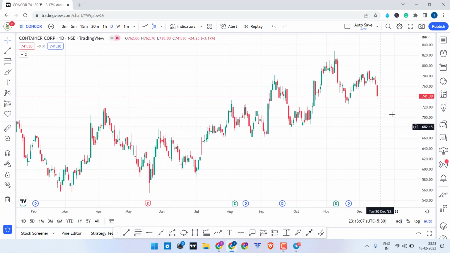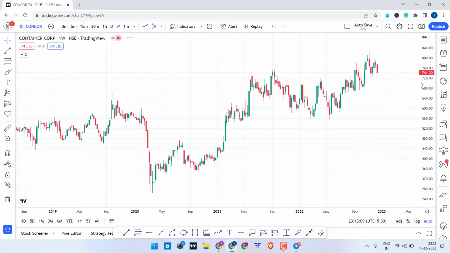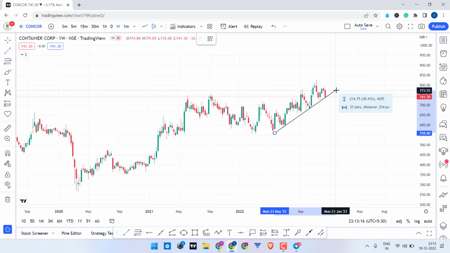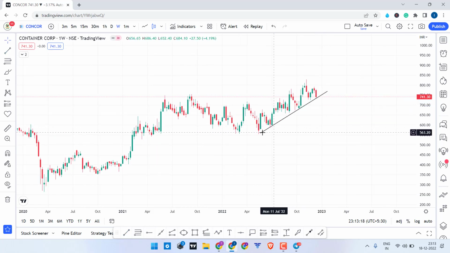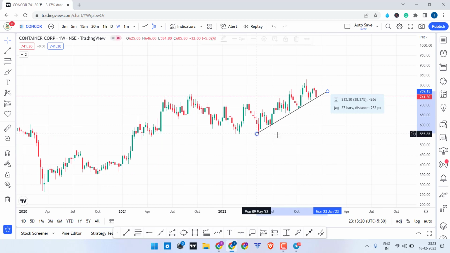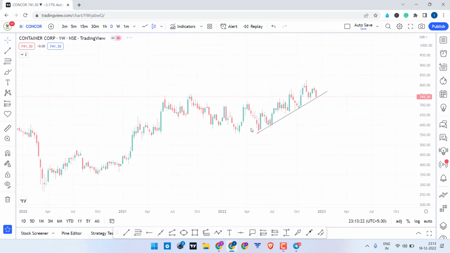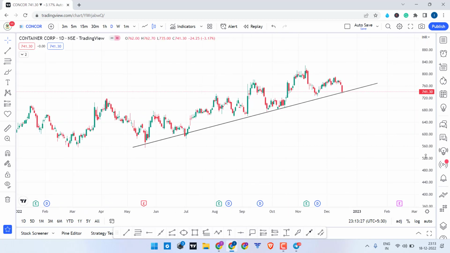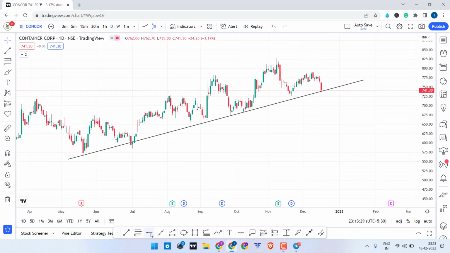So if you see here, I am doing analysis in weekly time frame. Okay, in weekly time frame it's completely bullish. You can see here it's bullish. So if I want to go for investment, then I will go to daily time frame to take the trade. And if you see in the daily time frame, still it's in long.